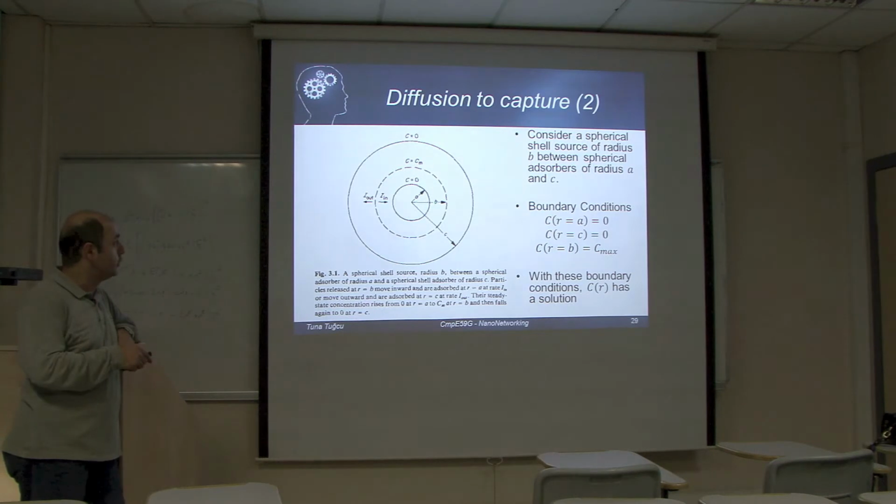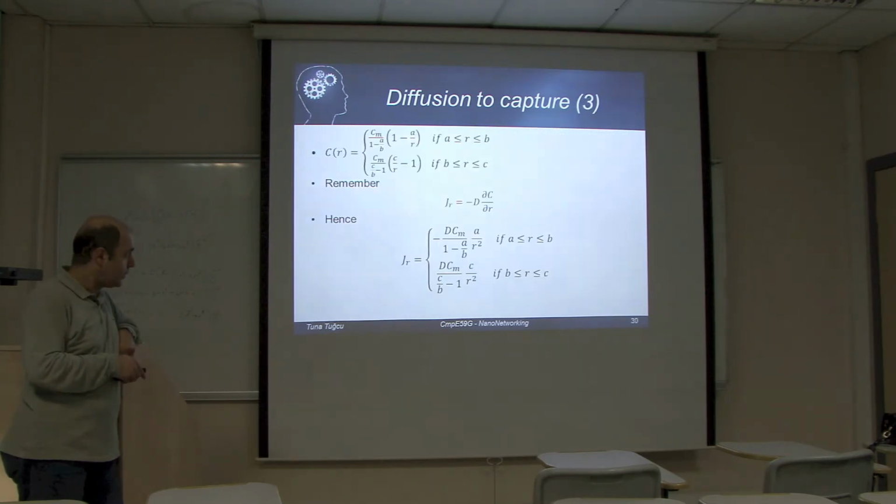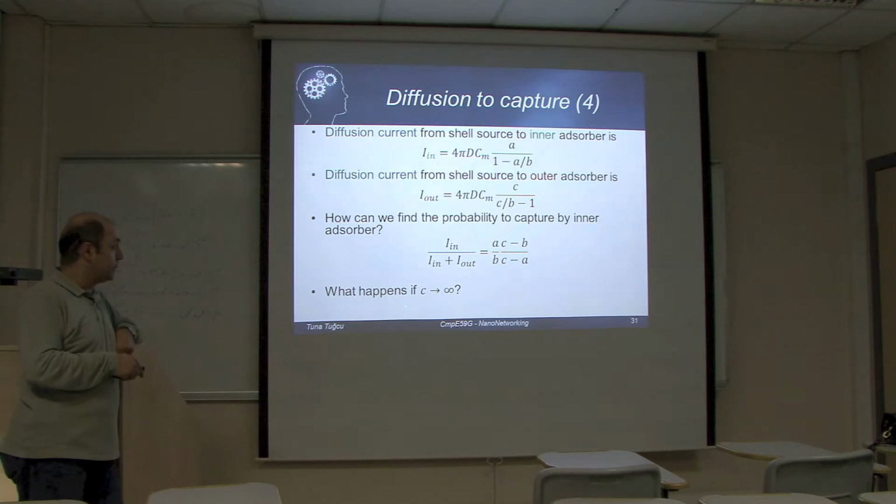So the molecules would be able to just go out and wander around here. With some very low probability, they may also come back. But probably they will just go out, far away. Okay? So what happens if you take C to infinity? It would be A over B.